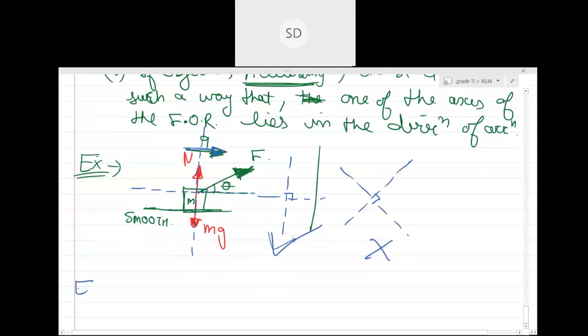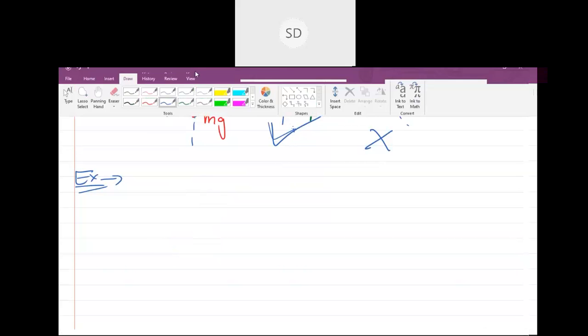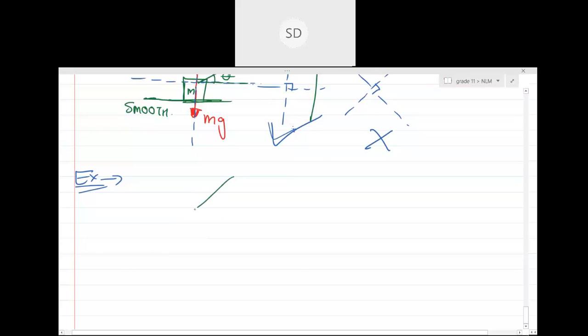Similarly, I'll give you one more example. Suppose this is an inclined plane of angle theta, and let's say there is an object of mass m.